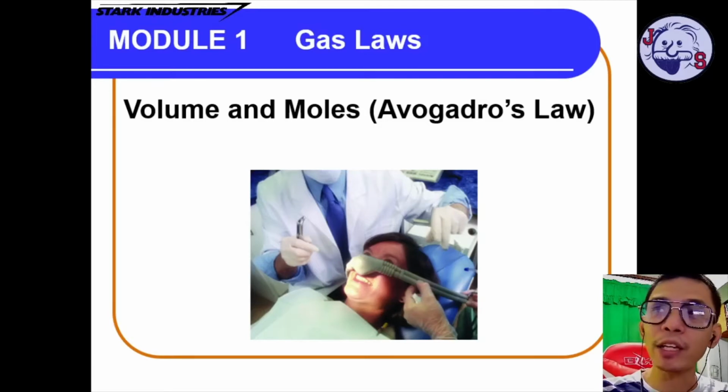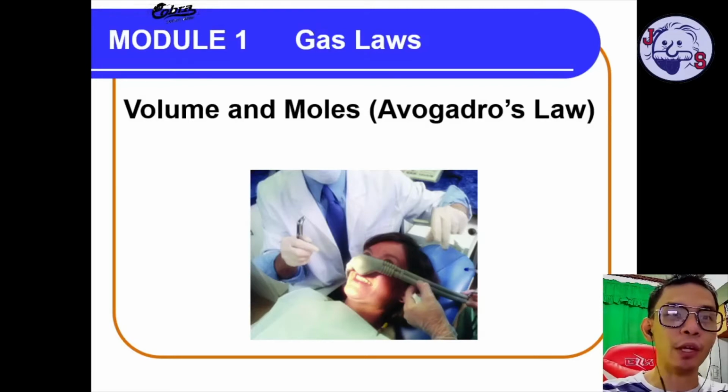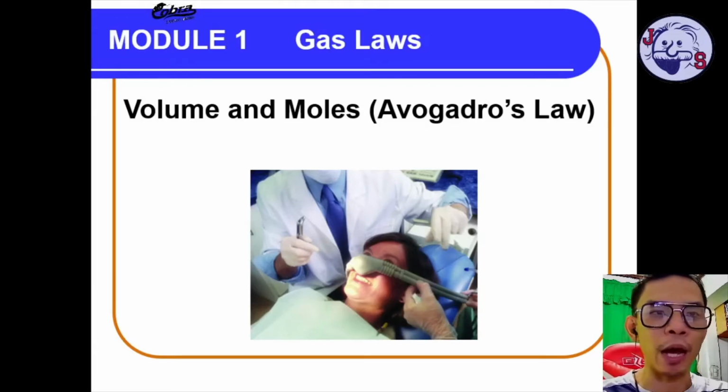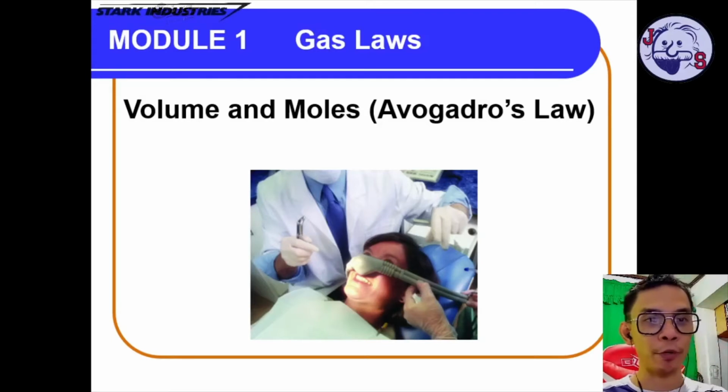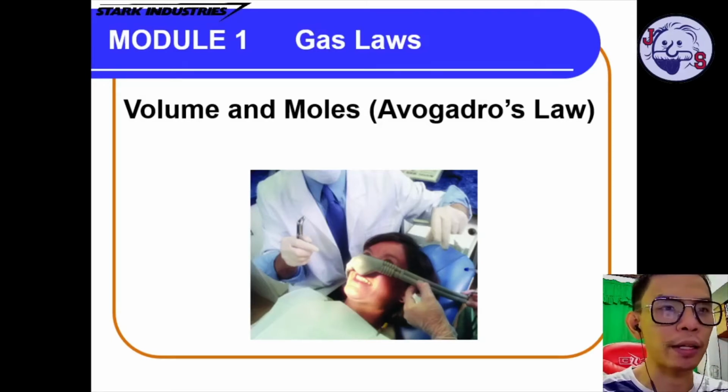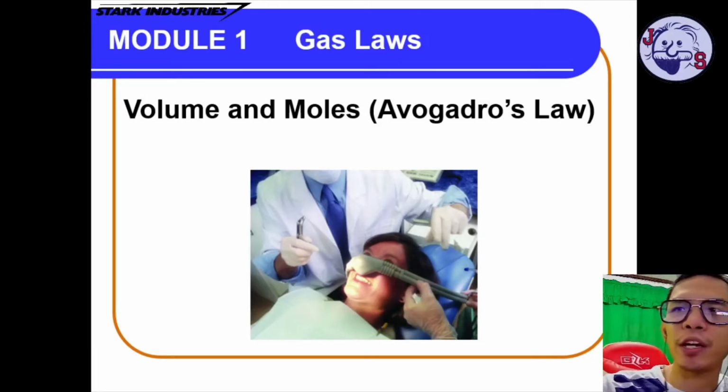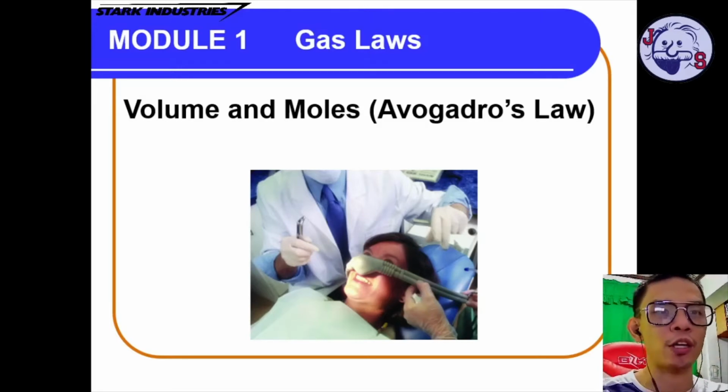What we have right here is the gas law, which explains how the amount of gas will be related to another measurable property, which is the volume. What you see in the picture is a modern way of administering anesthesia to a person.